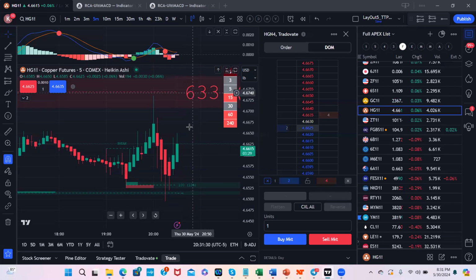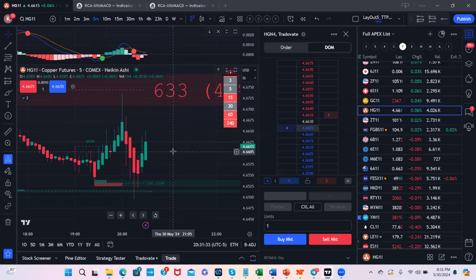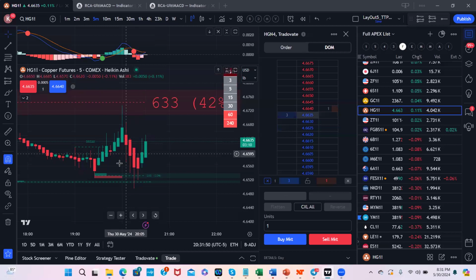Overall, it is looking 15, 60 bearish. 3 and 5 are a little choppy as of now, but higher time frames are very bearish. There is a big sell order here. So if price goes and touches that, again it may drop.